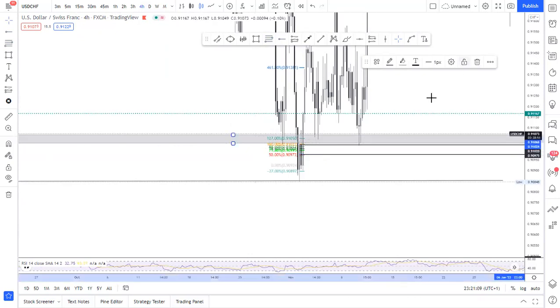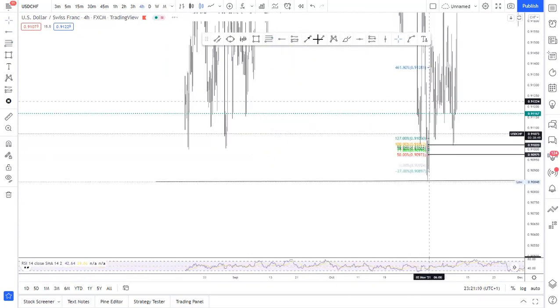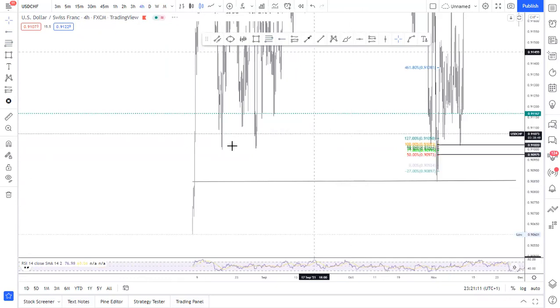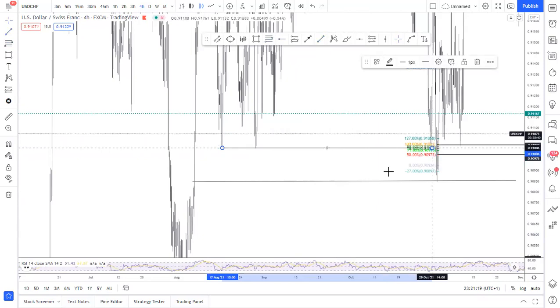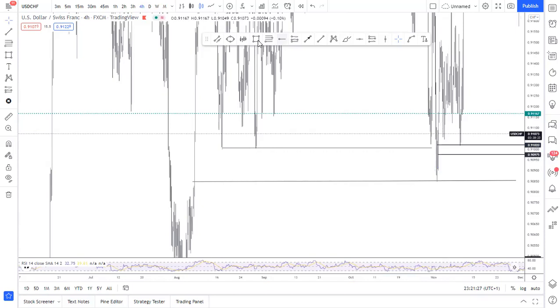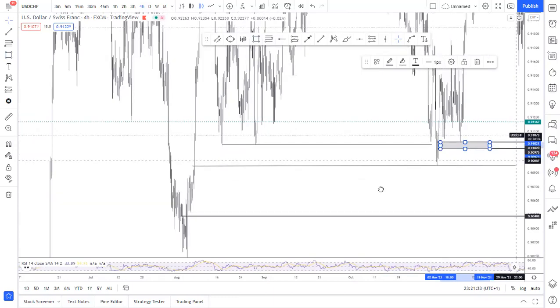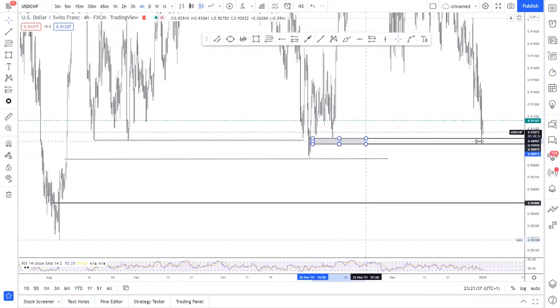So if we are to look at this the proper way, I'm going to mark out this point here. We're going to mark out this point. Then we'll mark the distance between the opening and the 50% zone area.